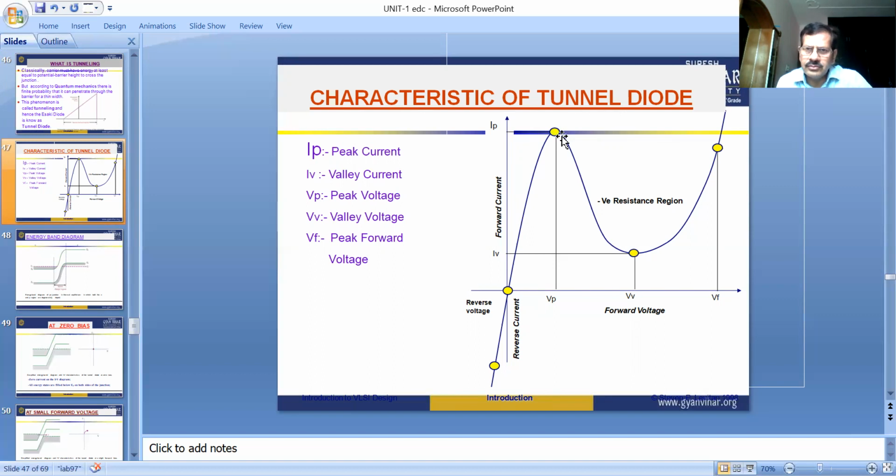Then as we increase the voltage, the current decreases with increasing voltage. At the valley point, the current stops decreasing, and after this point the current increases with increasing voltage. So this is the graph between current versus voltage of the tunnel diode characteristics.